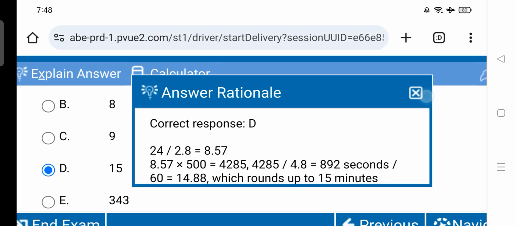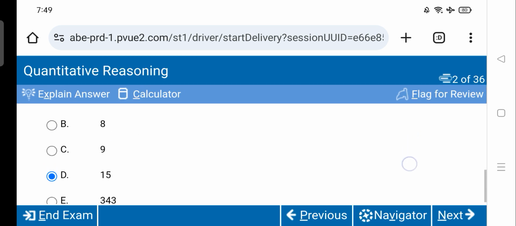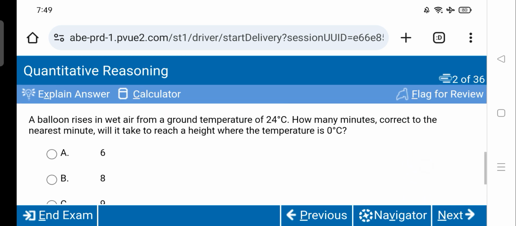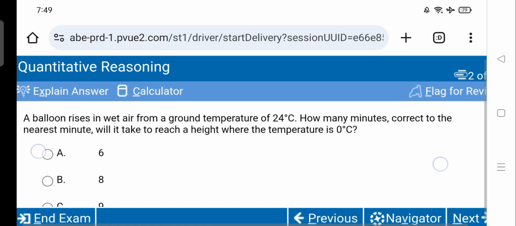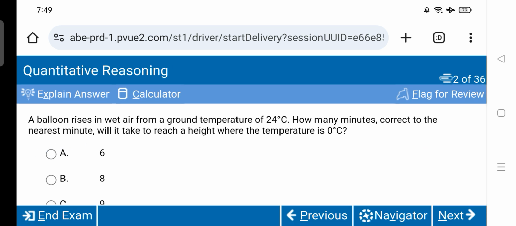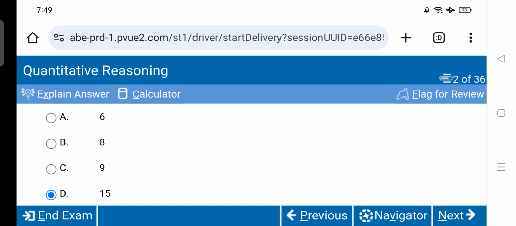So that's how the correct option is option D, which is 15 minutes it will take to reach a height where the temperature is 0 degrees centigrade.